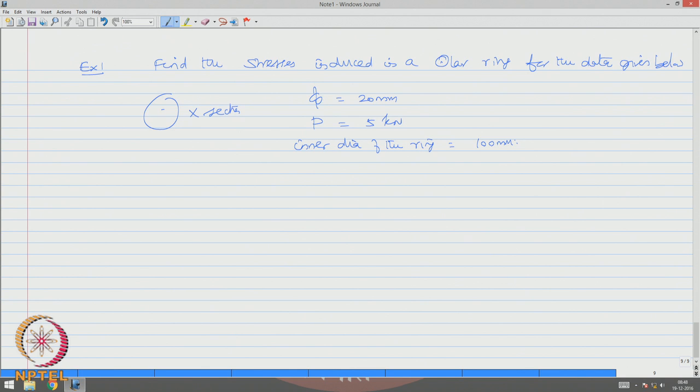So, let us draw a ring. It has a circular cross section.